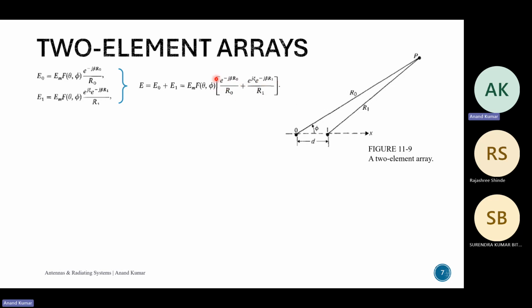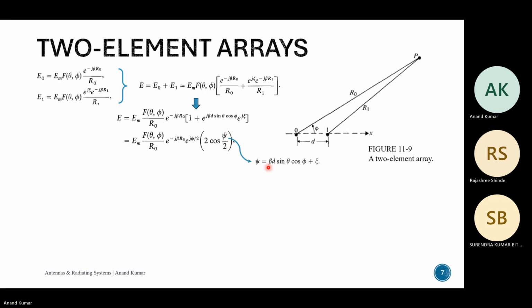Now simplifying the terms inside the square brackets, we get the electric field expression like this, where we have replaced ψ, and ψ is basically β d sinθ cosφ plus δ.